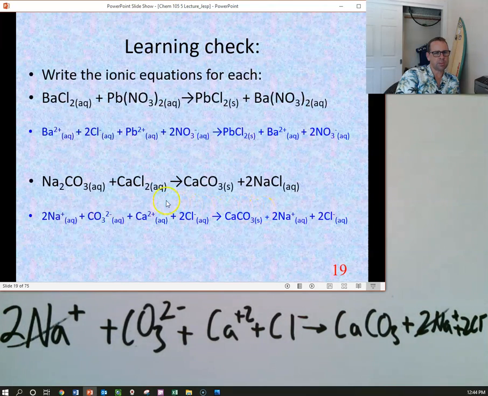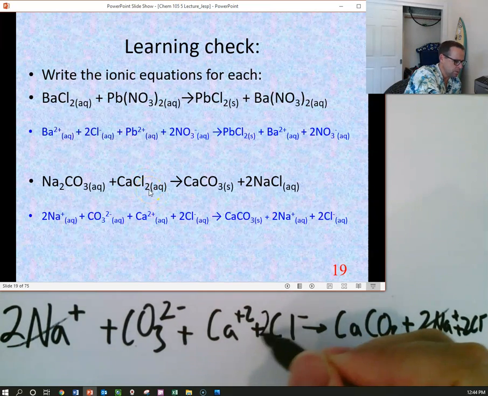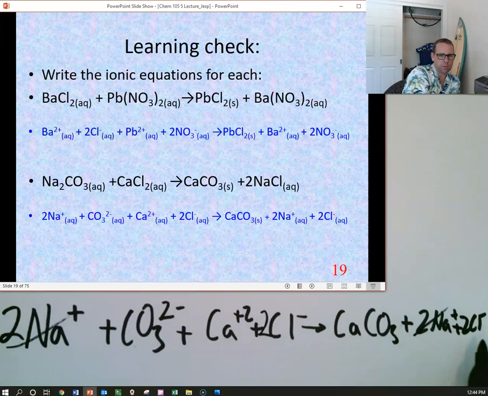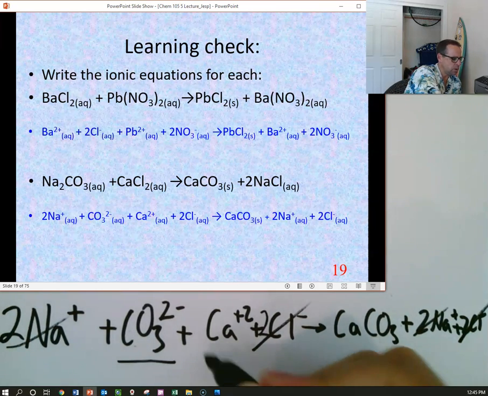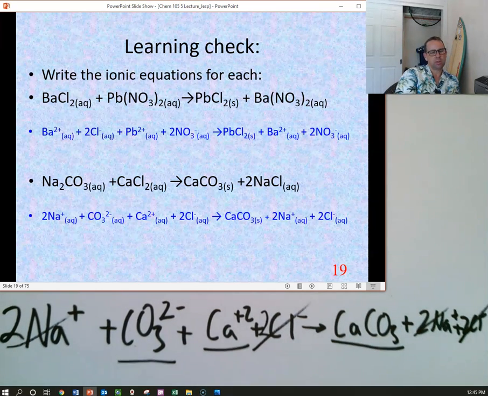Okay, look, I realized something. We forgot to put a 2 in front of that chloride right there, right? Because there's 2 chlorides. That's what that 2 means there. I can see that because it says 2 over here and we only had 1 over here. So yes, the chloride ions are also spectators. So then we have the carbonate coming together with the calcium to form calcium carbonate.